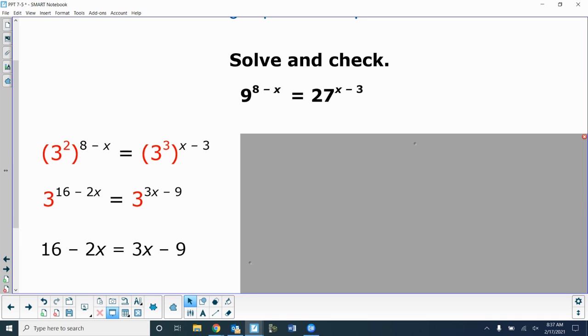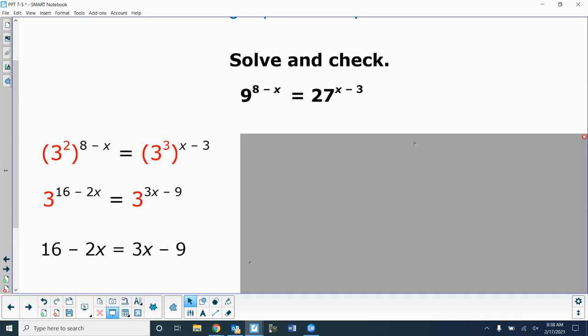Okay? 9 is 3 squared, and 27 is 3 cubed. Okay? The rule is, for these exponents, to multiply the 2 and the 8 minus x. So 2 times 8 gives you that 16, and 2 times negative x gives you that negative 2x. And then 3 times x is 3x, and 3 times negative 3 is negative 9. 3 to the 16 minus 2x power equals 3 to the 3x minus 9 power, which means those two powers have to be equal.